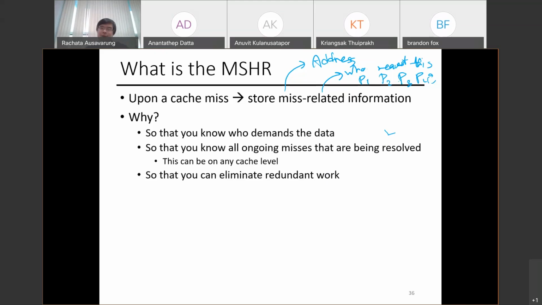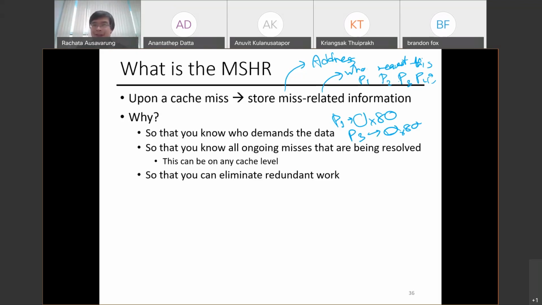Why is this useful? Let's say I have a cache miss to address 0x80, and I have another access from processor 1. Then processor 3 says, I want 0x80 as well. What does this mean when processor 1 and processor 3 come at two different times wanting the same data? They share that address, right? Processor 1's request comes first, and I'm waiting for the data.